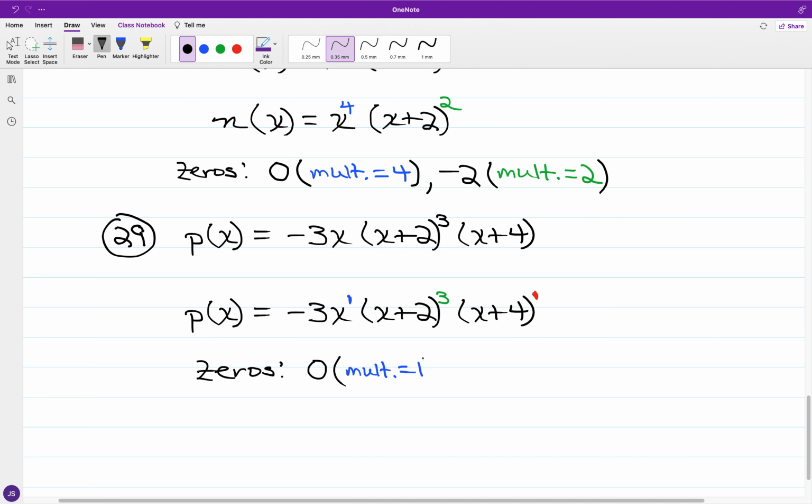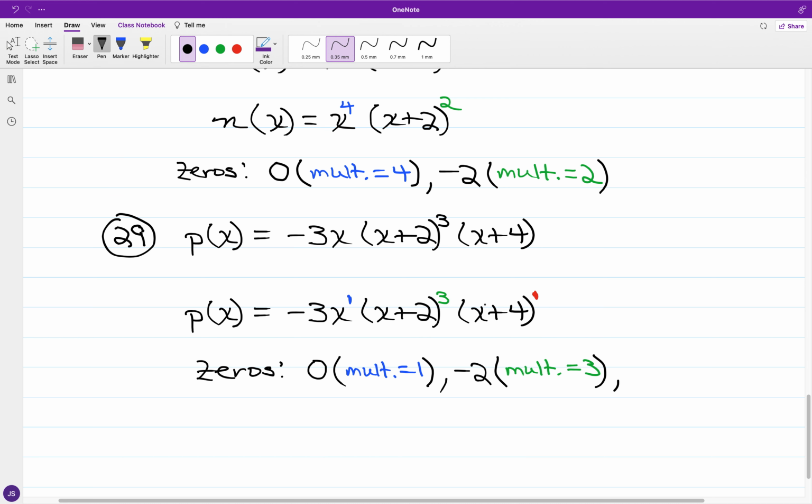So the multiplicity is equal to 1, and then we have next x plus 2. If I set x plus 2 equal to 0, I have x equal to -2, and since the corresponding variable factor is raised to the third, -2 is going to be a 0 that has a multiplicity of 3.